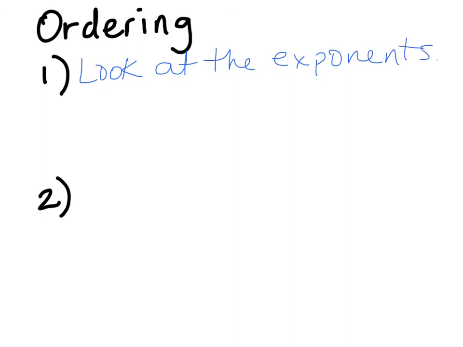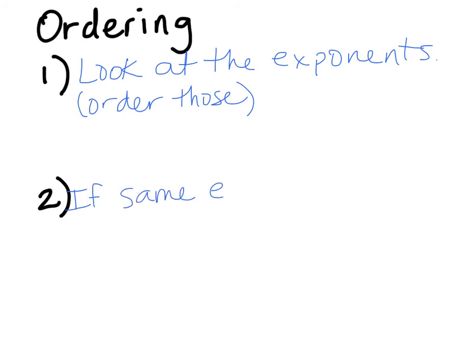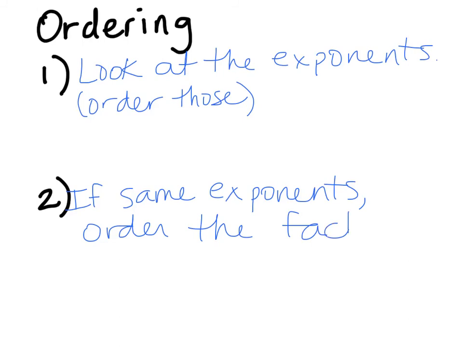I'm just going to order the exponents from smallest to greatest, or greatest to smallest. Now, if I have the same exponents, then within that same exponent, I order the factors. So I look at the factor portion of scientific notation.